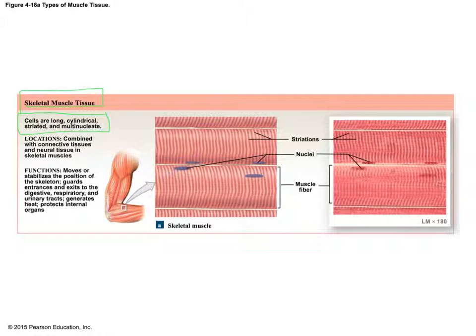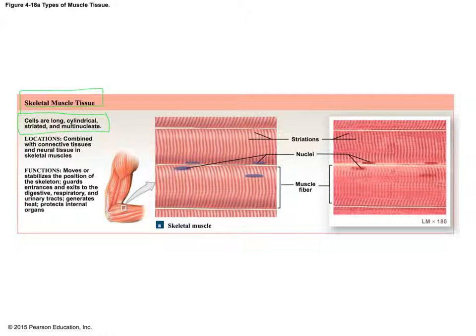The cells are long, cylindrical, striated, and multinucleate. The cells of muscle tissue are long, cylindrical, striated, and multinucleate.